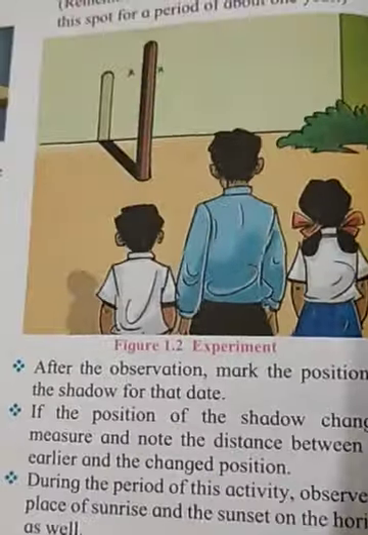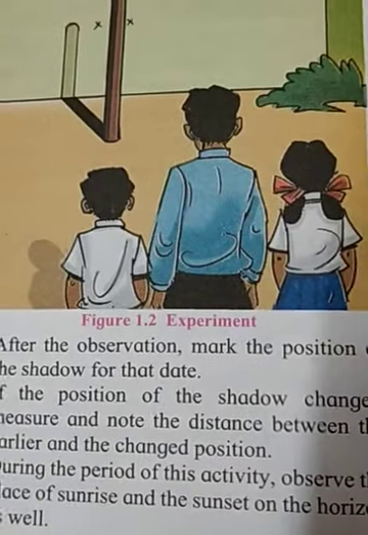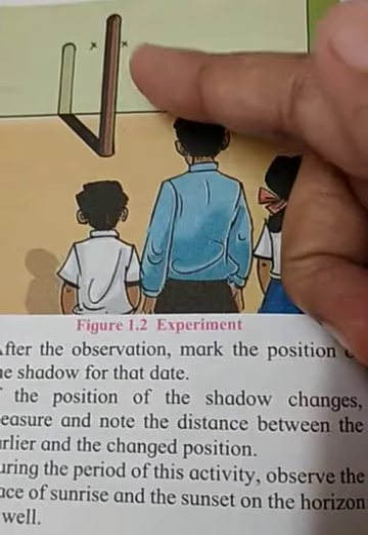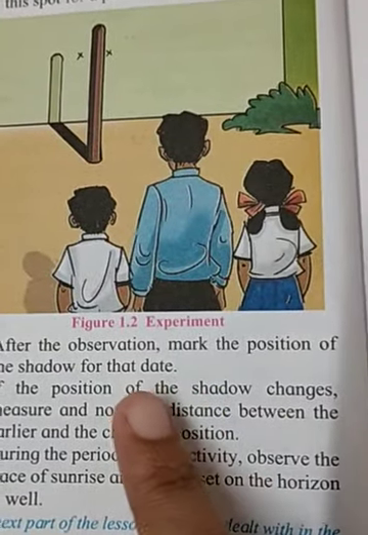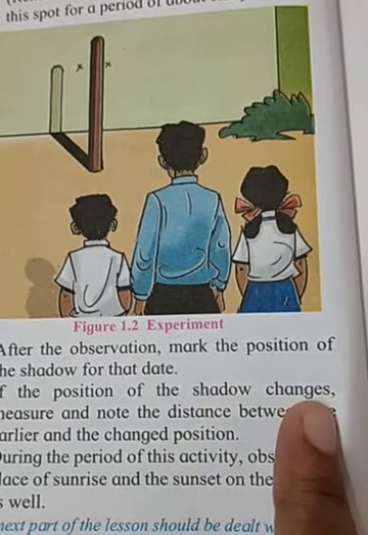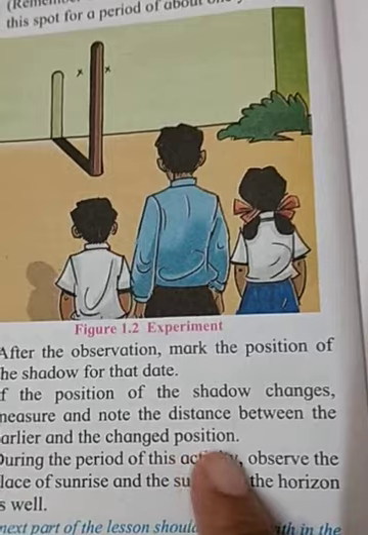That means that stick you have to place so that sunshine, or sun rays, can fall on the wall. In this way you have to keep this stick. Now you can observe and mark the position of the shadow for that date. If the position of the shadow changes, measure and note the distance between the earlier and the changed position.